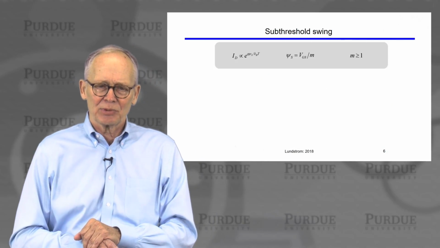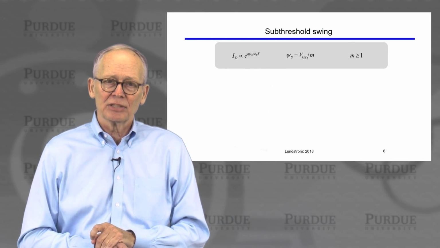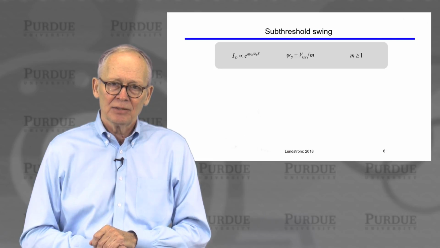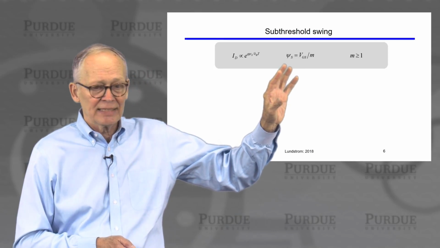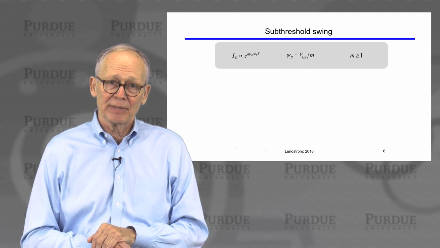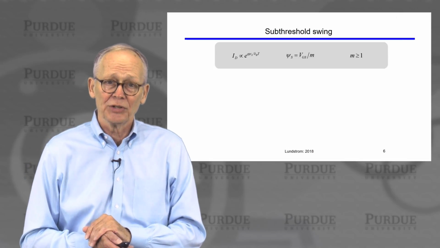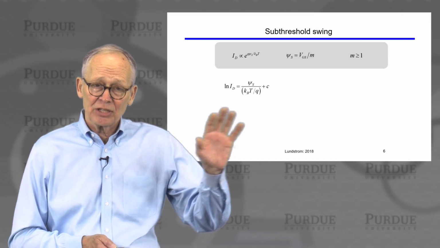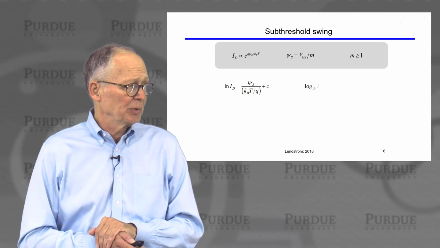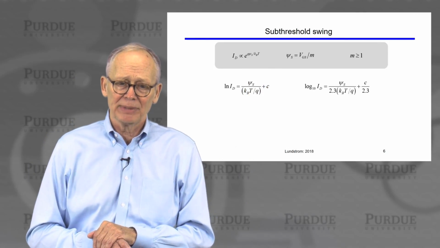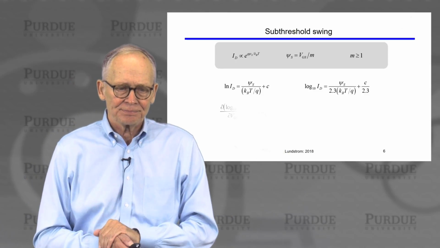So let's look at the subthreshold swing. Physically, we can see that the drain current should go exponentially with the surface potential. And we know that the surface potential is related to the gate voltage by introducing this numerical factor m, which is always 1 or greater. Now, we could take the log of this drain current expression. When we do these log plots, we plot log base 10, so that introduces a factor of 2.3 here.